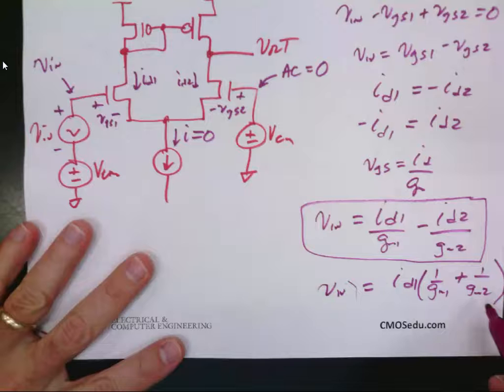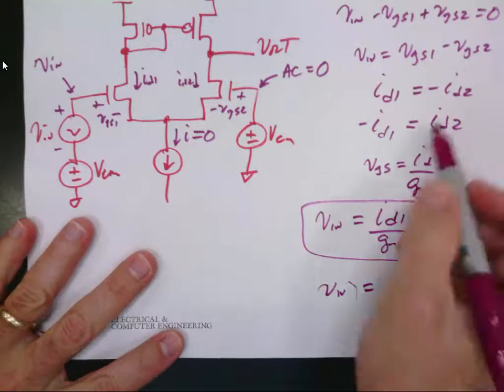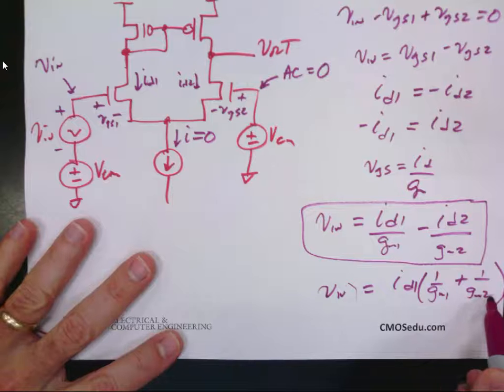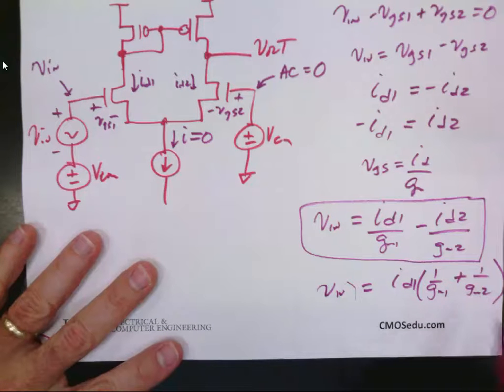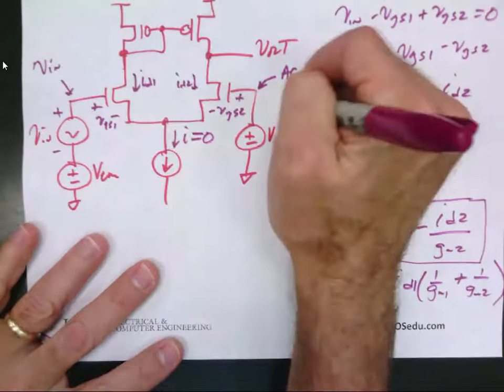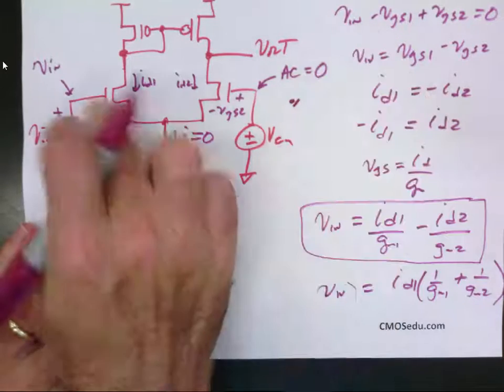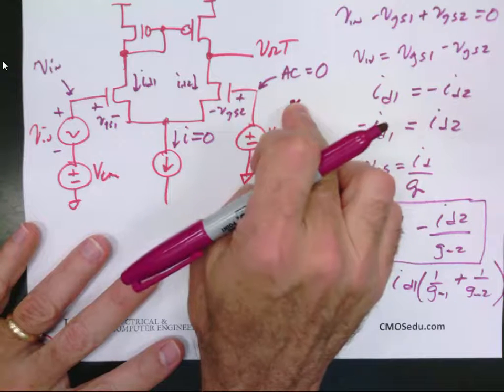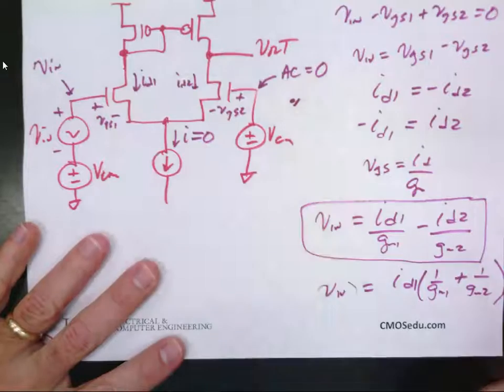So does everybody now notice, because ID1 is minus ID2, I pulled ID1 out, that these are both positive, but what can I say about GM1 and GM2? They're equal, right? Because I'm biased each one of these at some point, and then I'm wiggling back and forth. When this one's increasing, this one's decreasing, but I'm assuming small signals, and so the GMs of the two devices are equal.